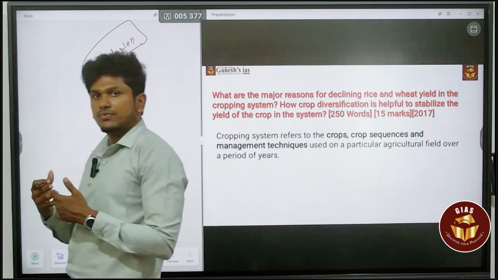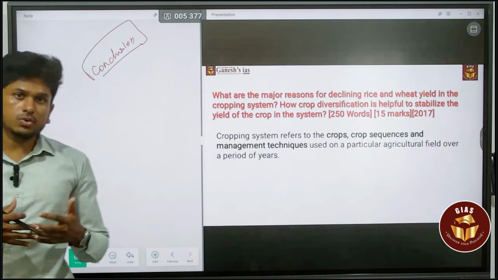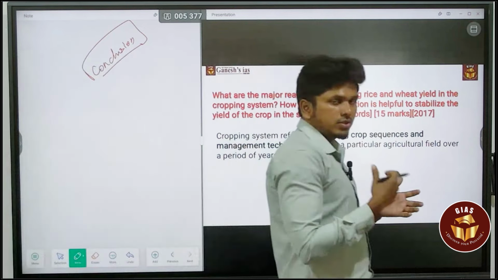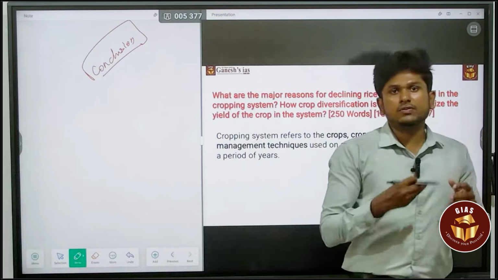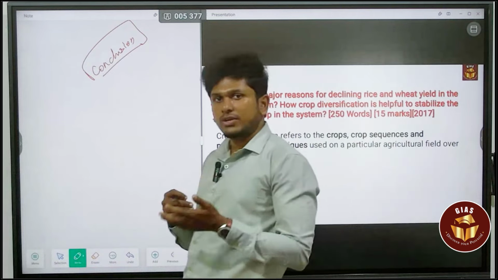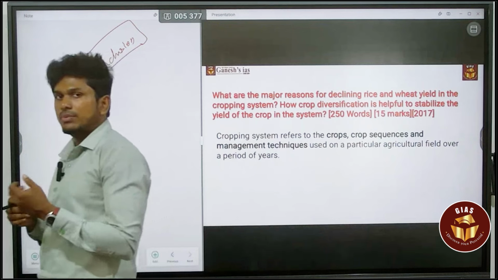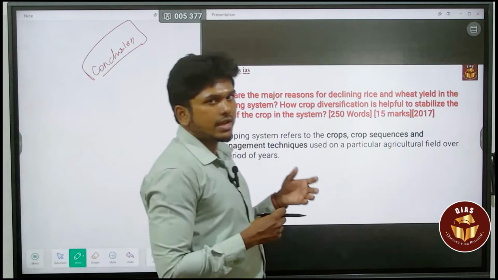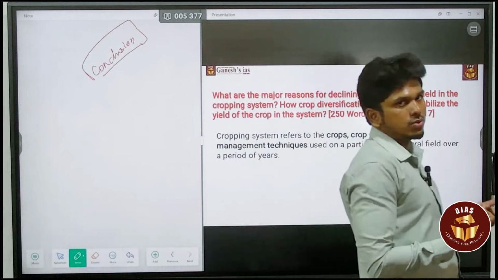You can speak about land use efficiency in the conclusion, because this question is all about the yield factor. By doing crop diversification, India can increase the land use efficiency. In this way you can conclude it.